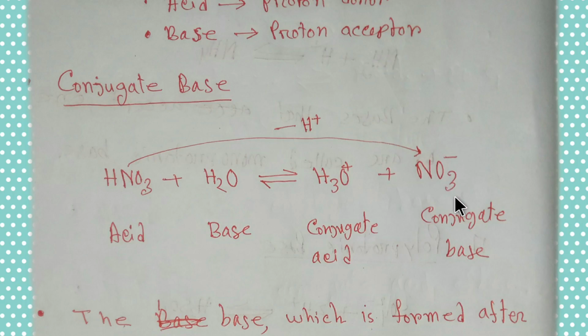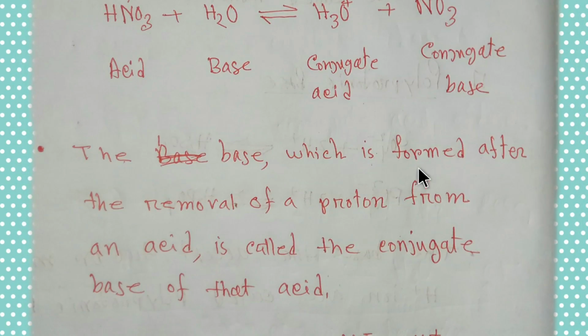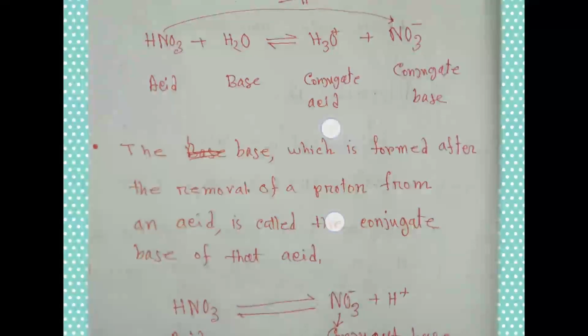So here, nitrate ion is the conjugate base of the acid nitric acid. I hope what a conjugate base is, is clear to you.